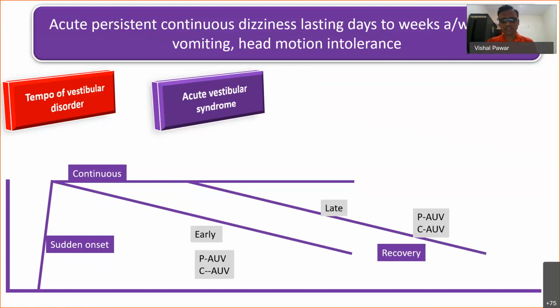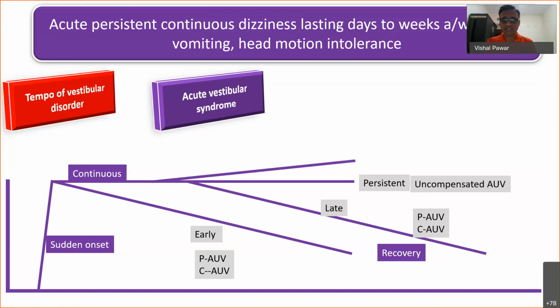They have tremendous plasticity and improve faster, similar to vestibular neuronitis. But if the brainstem or other structures are involved, then the recovery is late and may not be complete, and the patient might have vestibular symptoms persistently, and that is uncompensated acute unilateral vestibulopathy.